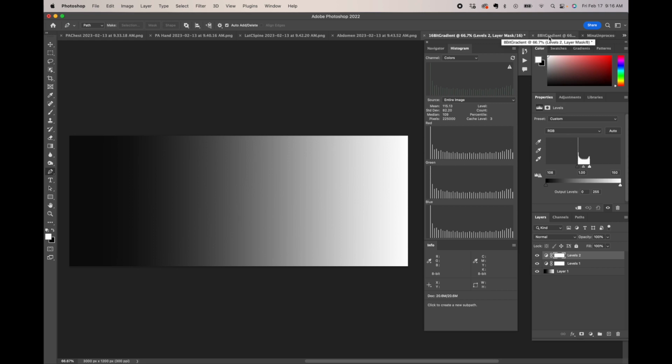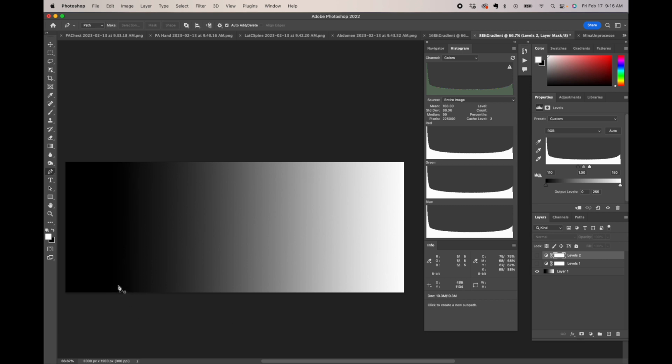So next up is an 8-bit gradient that I've created. And just to answer your question, when I create a file here, you could say whether it's 8-bit, 16-bit, or 32-bit, and I just did 16 and 8-bit for this. So this is 8-bit. It's the same thing, a gradient from stark black to stark white.